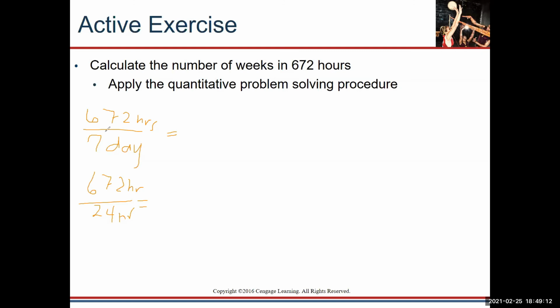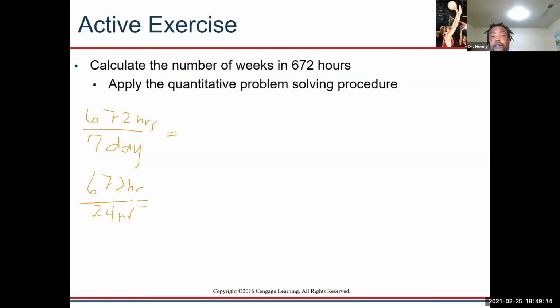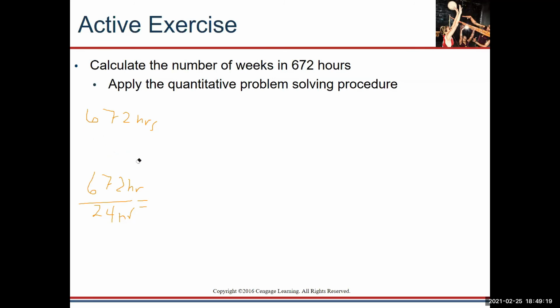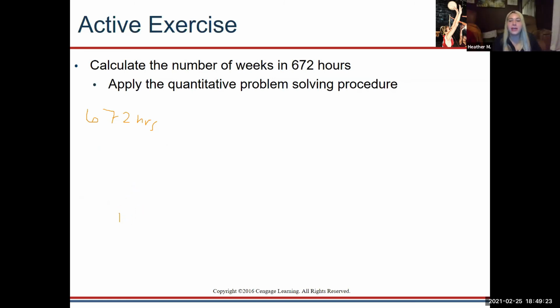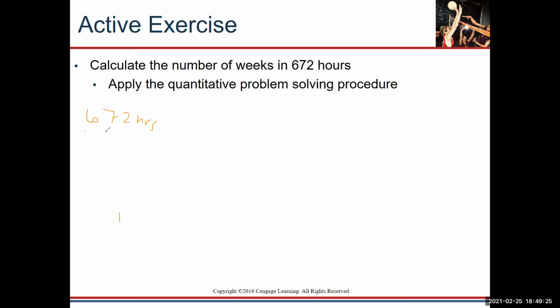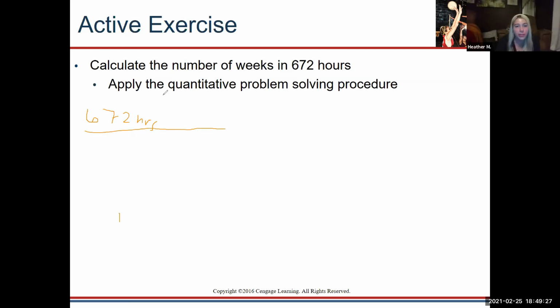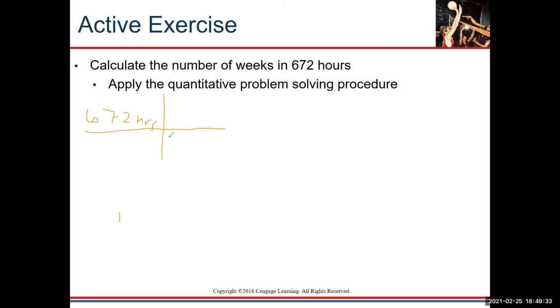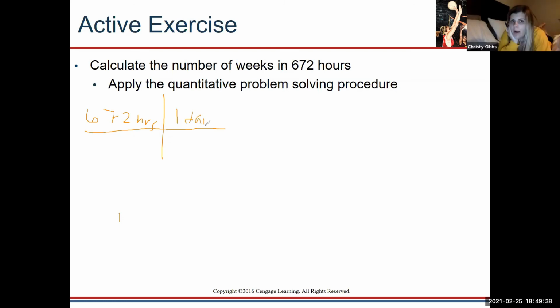What is it that I want? What is it that I'm given? You're given 672 hours. So you put that over nothing, and then you put another line: 1 day over 24 hours. Okay, so 1 day equals 24 hours.